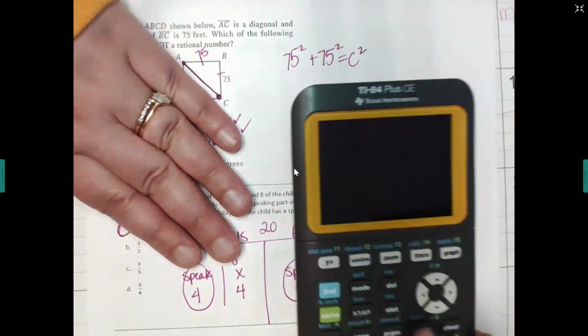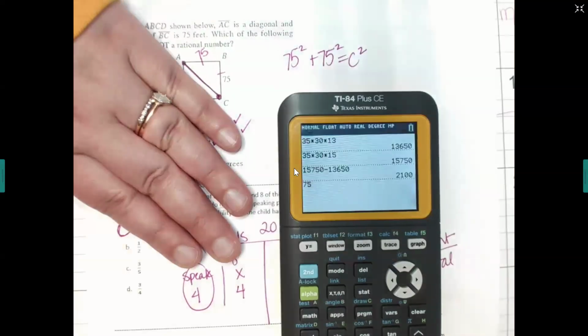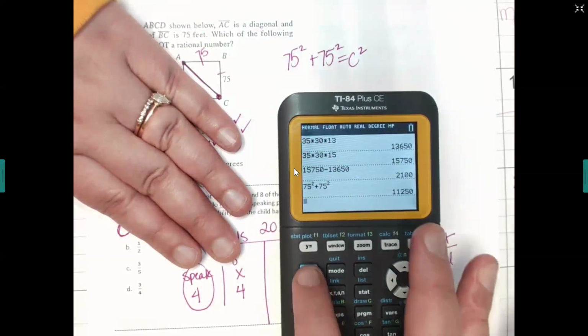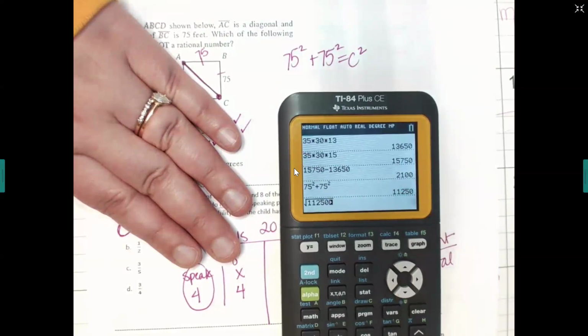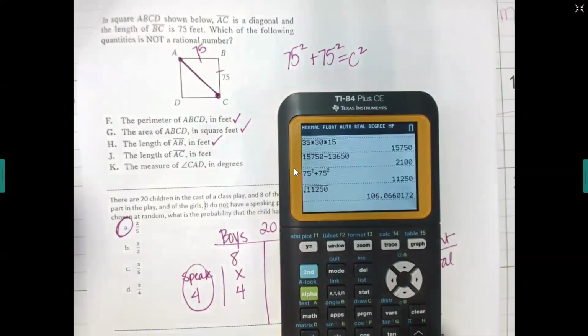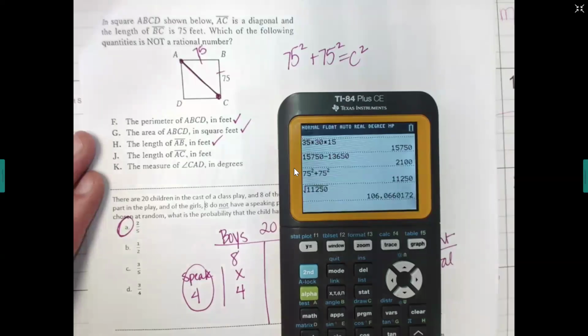And then in your calculator, 75 squared plus 75 squared. Now that came out to a nice even whole number, but what do I still have to do? Take the square root. Okay, and then you can see that your decimal does come out to be irrational.